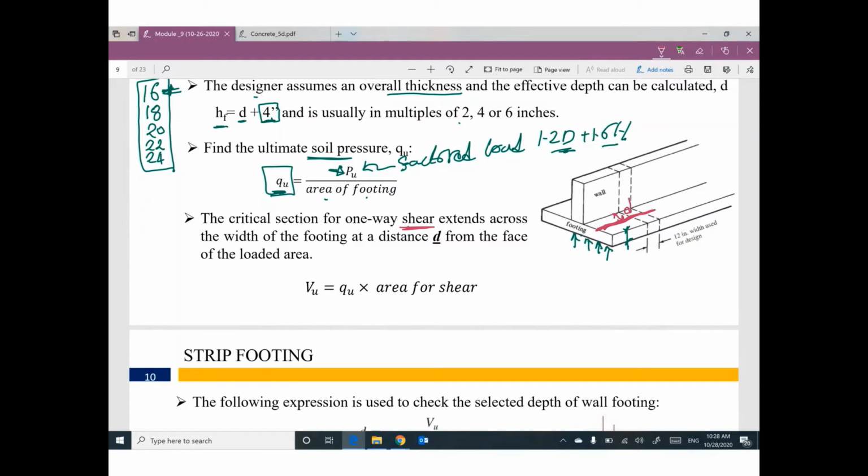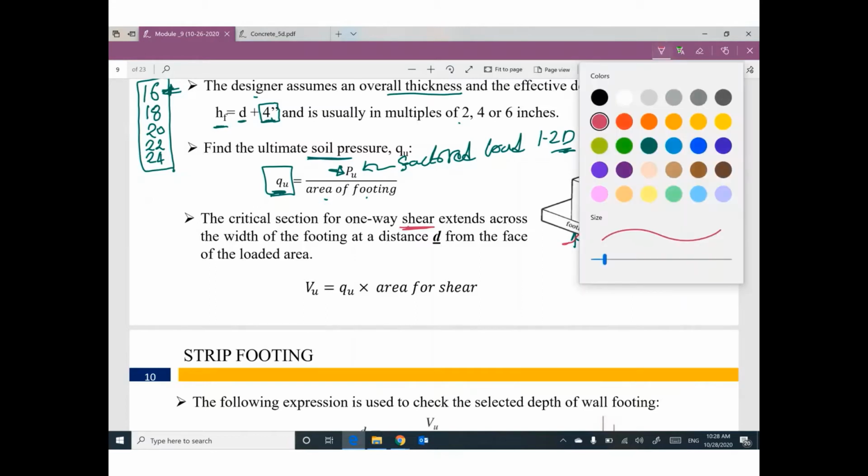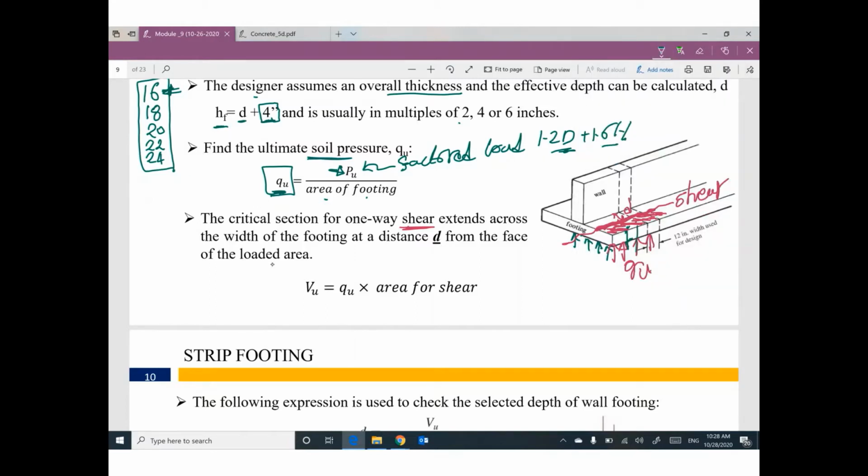So this area under the effect of Q ultimate will make failure in shear at this location. Can you get the shear force V ultimate? One more time to make it clear.